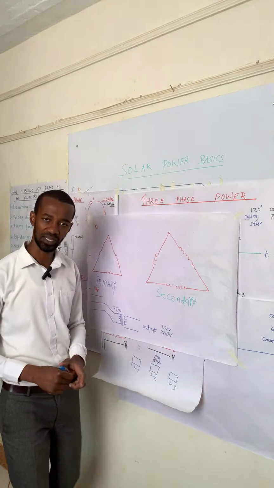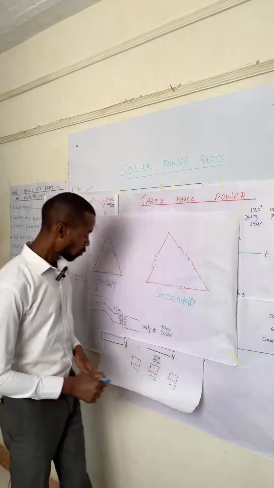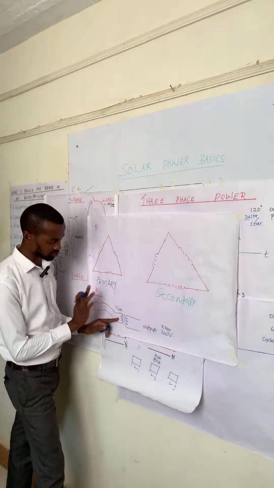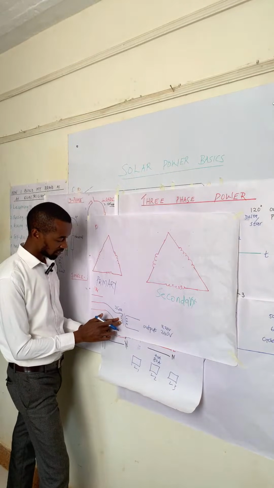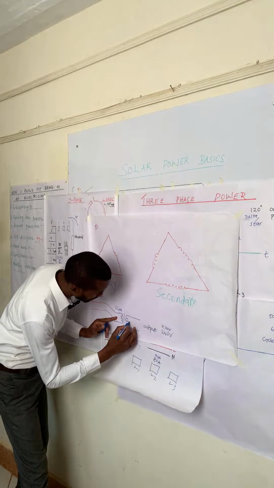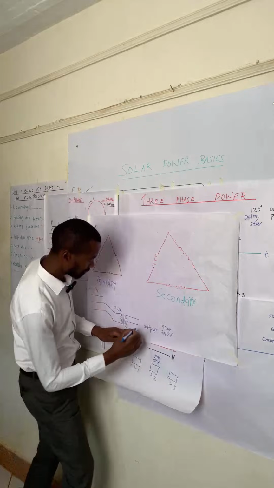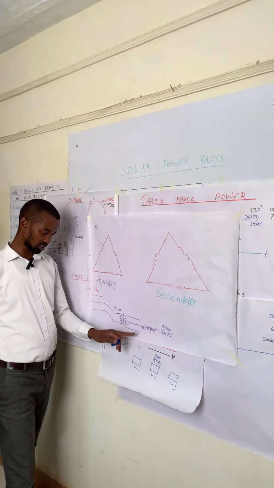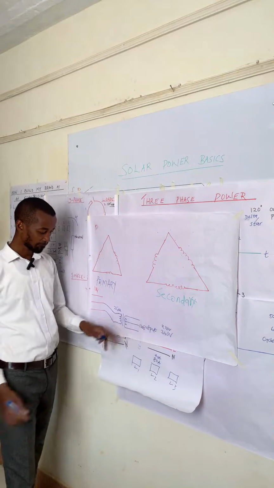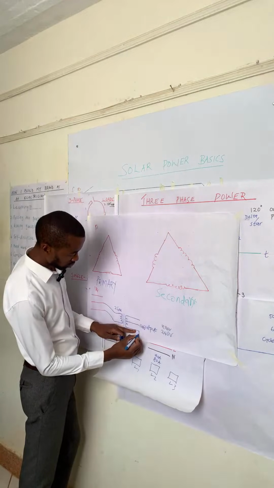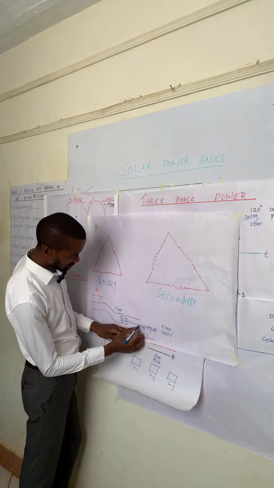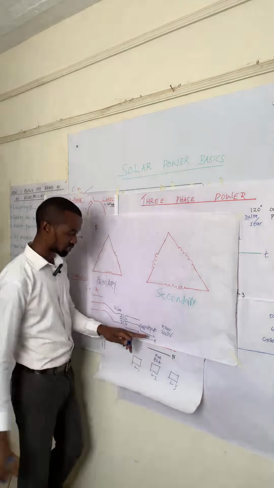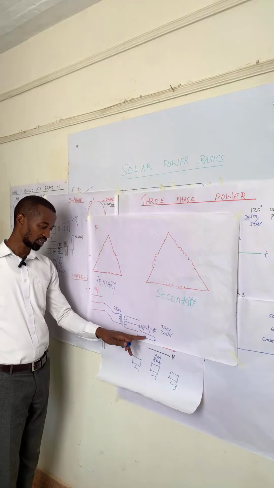For our friends from the USA, the power distribution is fed from the primary, and then the center of the secondary will be tapped so that it can give a 120 volts AC output. So you have the neutral, and the center tapping will be the line, so that you can achieve the 120.